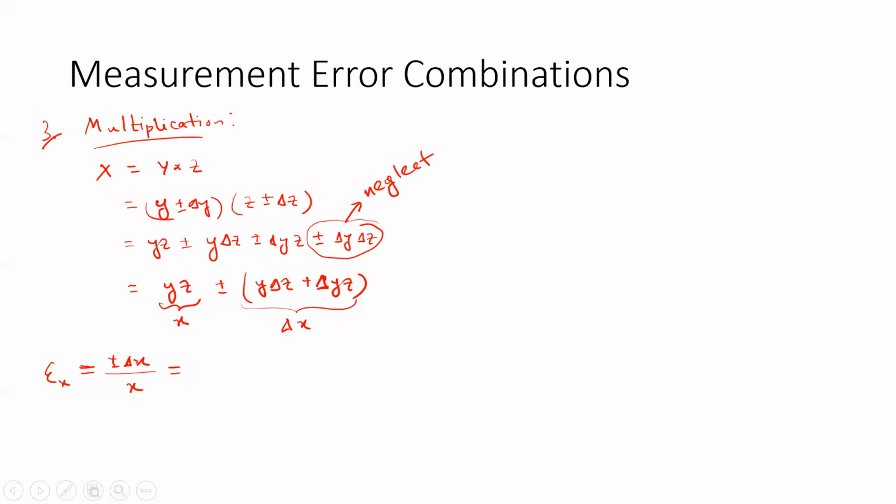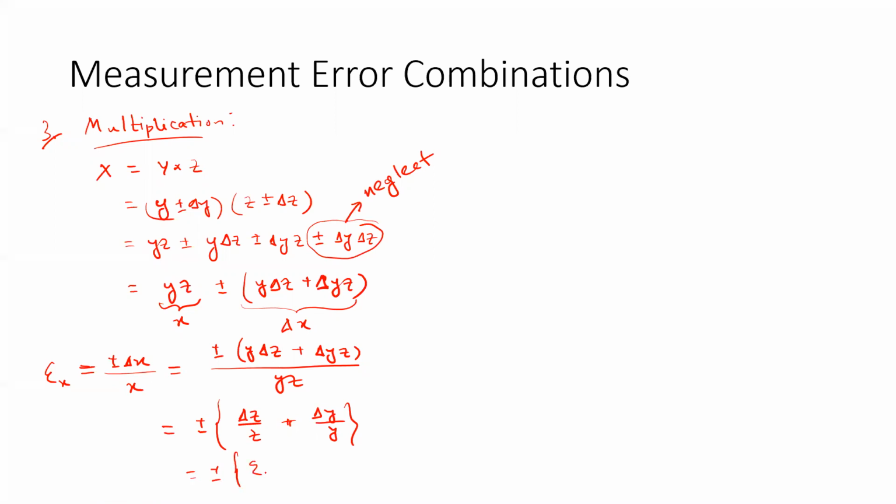So plus minus delta x, we can represent it in terms of this expression. And if we divide it by x, which is yz, then we will find delta z by z plus delta y by y. So we can say that in the case of multiplication, the relative error in x will be the summation of the relative errors of the quantities upon which x is dependent.